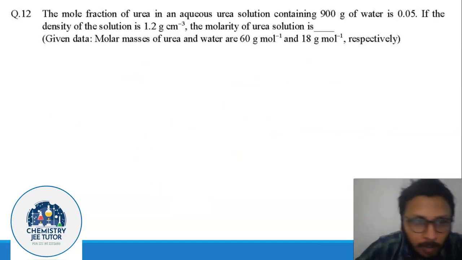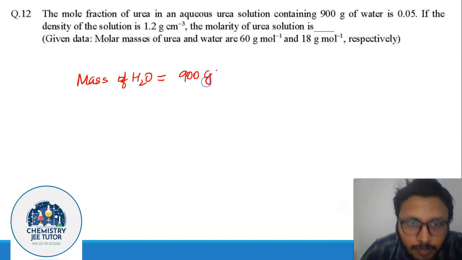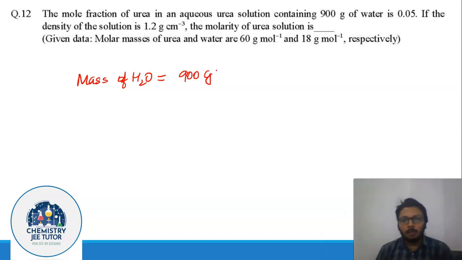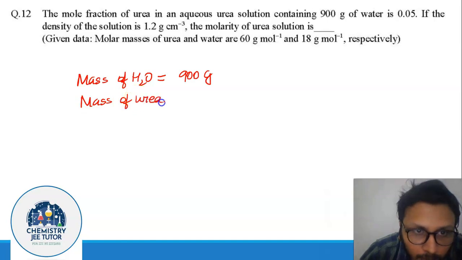I have the mass of water in the solution, which is 900 gram. But for total volume calculation, we need the total mass of the solution. So we also need the mass of urea in the solution. Both are in the solution.